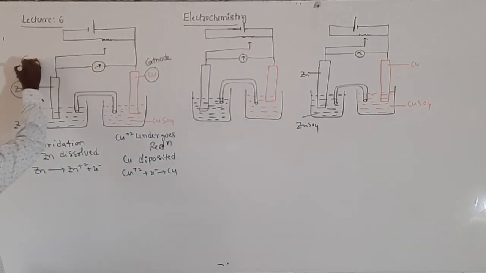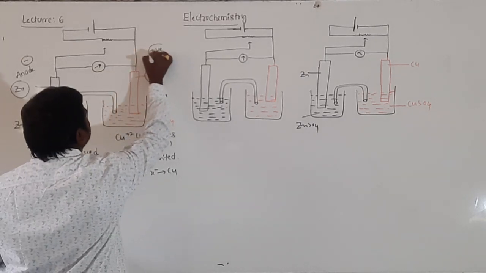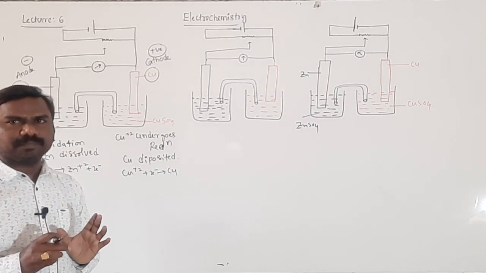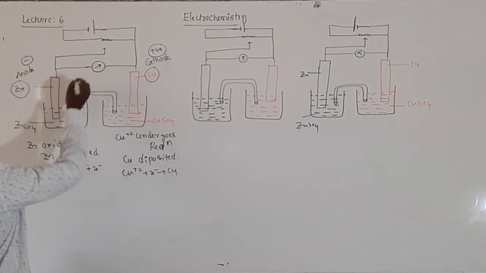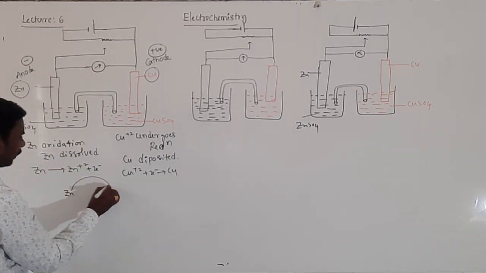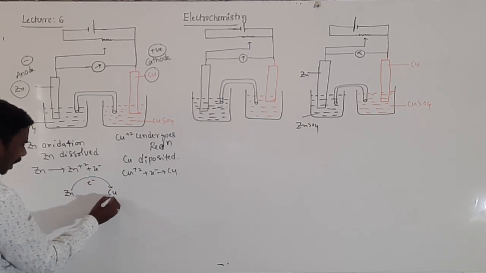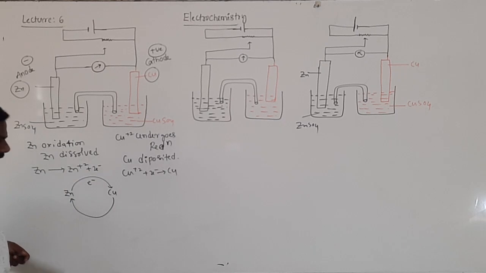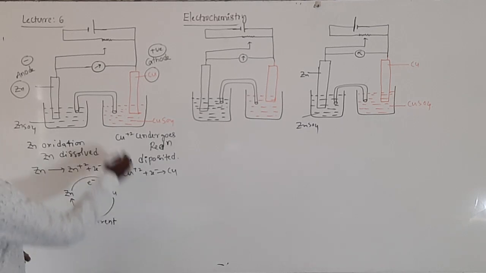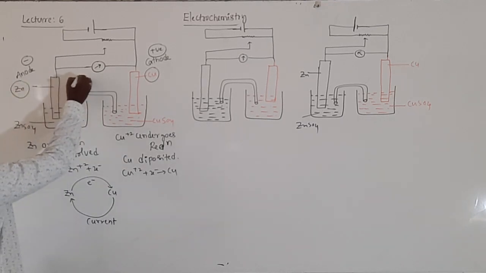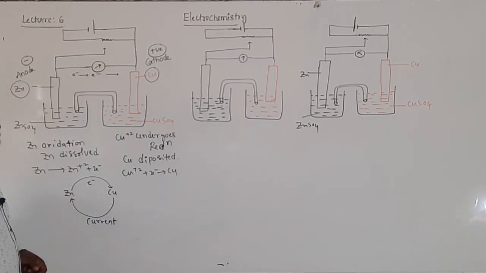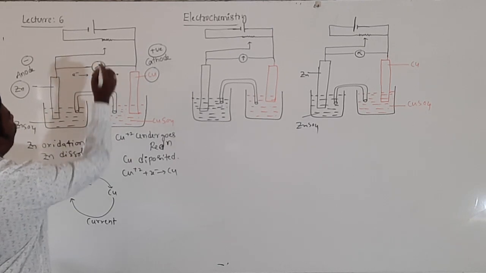The zinc anode has negative charge, and the copper rod has positive charge. Electrons flow from the zinc rod to the copper rod, and current flows from copper to zinc. Zinc is the anode. This flow is electron flow, and current flow is in the opposite direction.